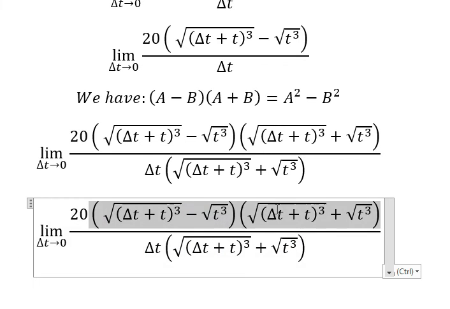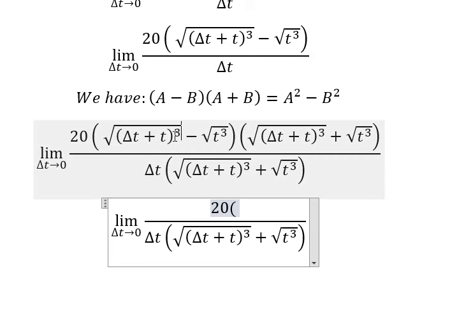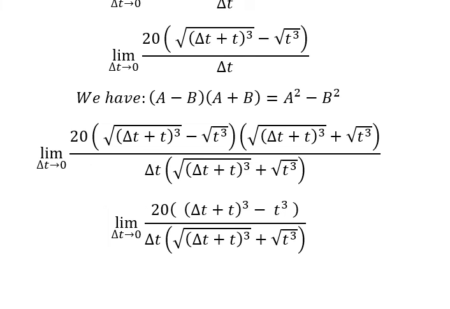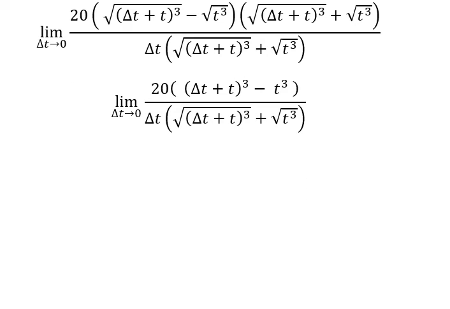So for this one, we can simplify and we have it like this. Because the power 2 of the square root, that's why we have this one. Now we have the second formula in here.